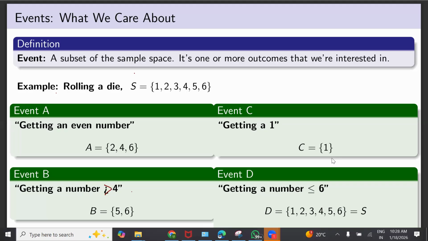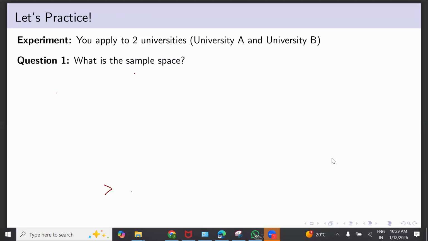So again and again I am telling you, an event is a subset of the sample space. Okay, so don't get confused. So now let's practice. Experiment: you have applied to 2 universities, University A and University B. Now in this question, what is the sample space? Please write it down in the chat box.